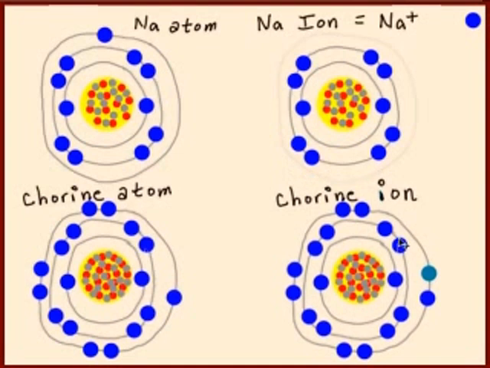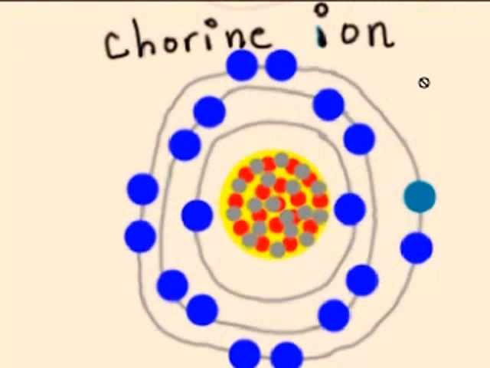Okay, here we are. And so now we have the sodium atom here, the chlorine atom here. Over here we have the sodium ion, which is Na+. Down here we have the chlorine ion. Oh, I'm going to put the charge on this one. The chlorine ion is going to be Cl-.